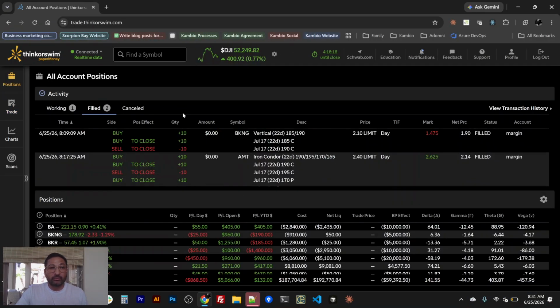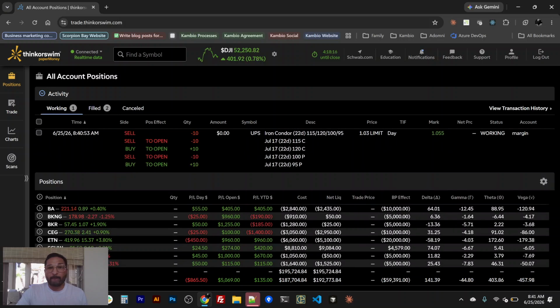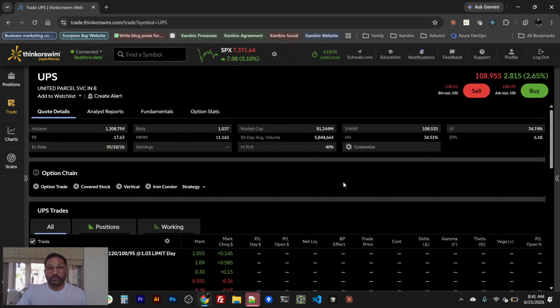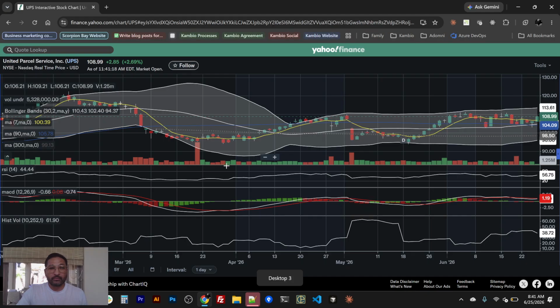Let's see what happened. Not filling. This thing's moving pretty hot right now. I wonder why, actually. That's interesting. Yeah, it's moving on the move.